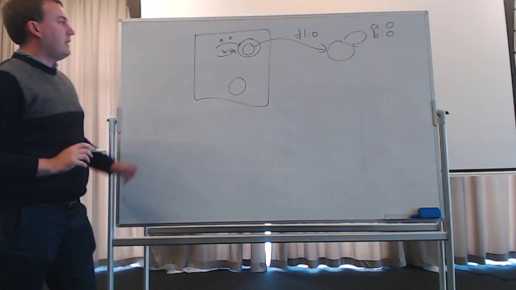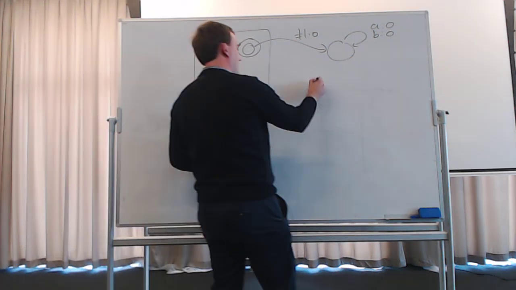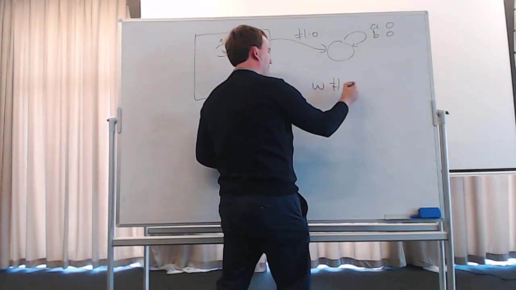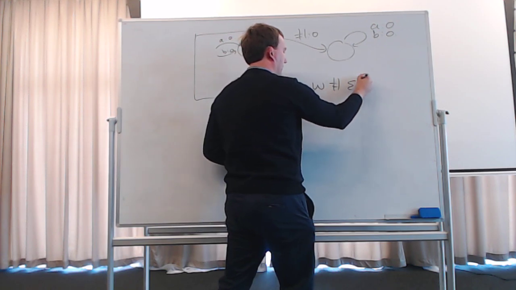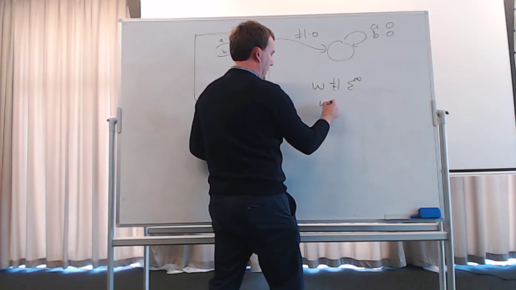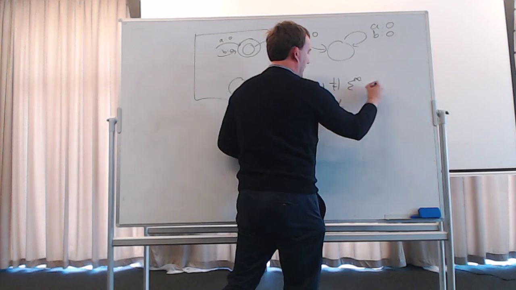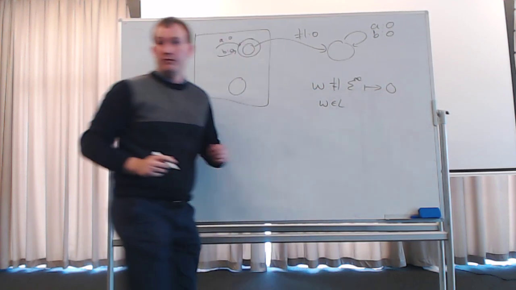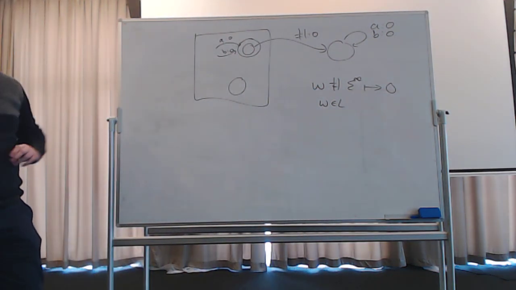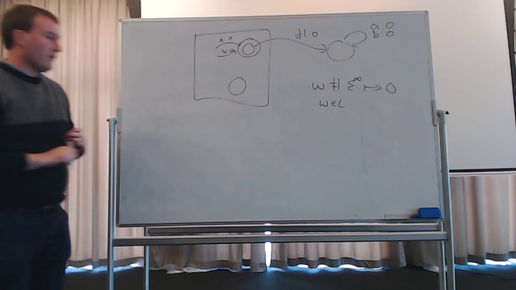So already, what can we see? If you read a word that looks like some word W from the NFA followed by sharp, followed by anything, if W is in the language of the NFA, then this word maps to 0, because every transition I added was of weight 0.